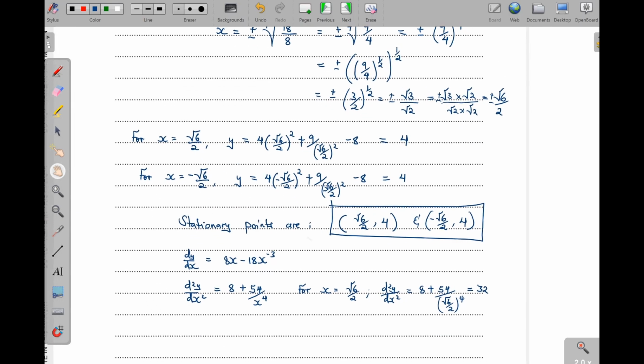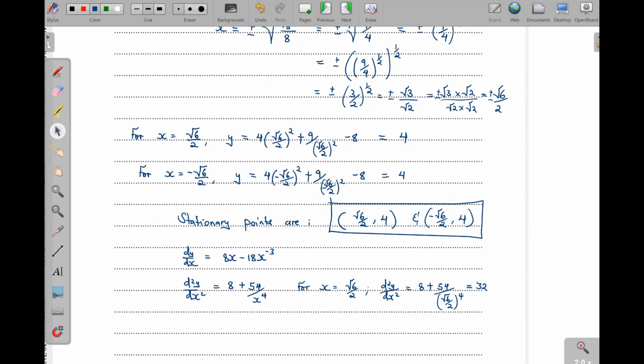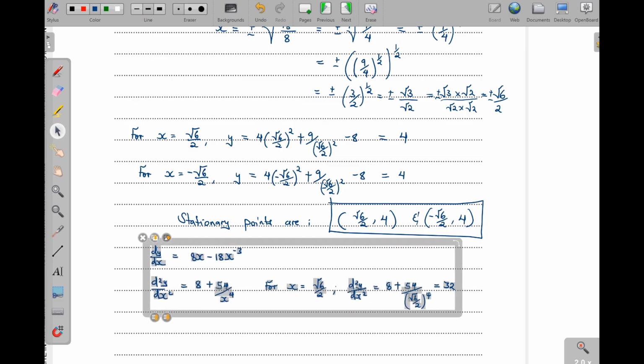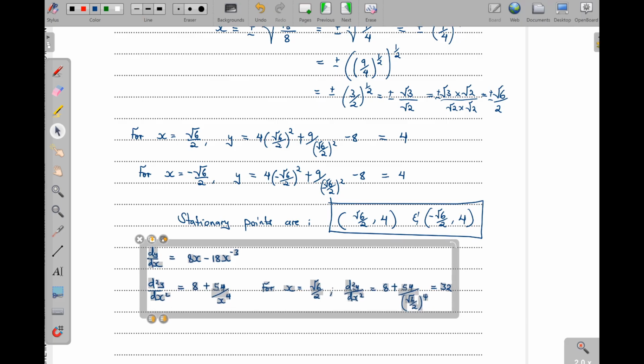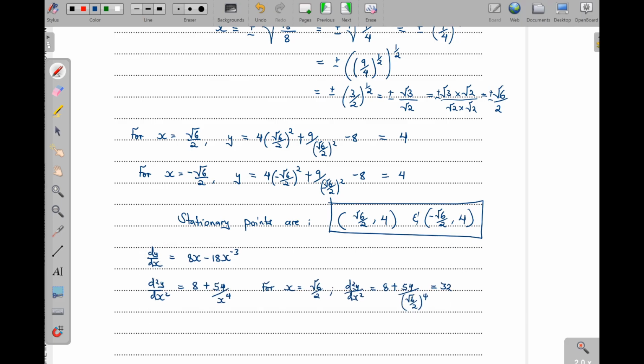The 32 here is greater than what? 0. So because it is greater than 0, then this is a what? A minimum point. Okay.